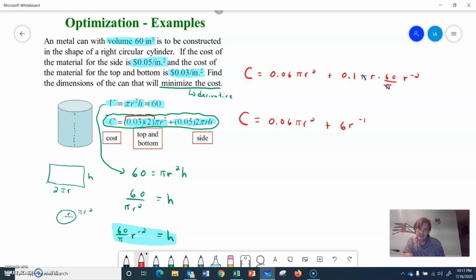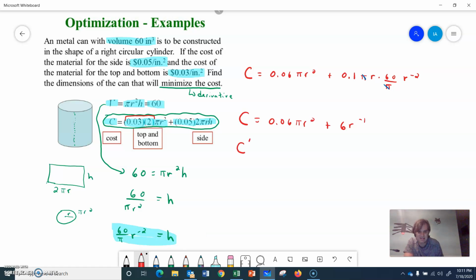Okay, so I wrote my cost function in terms of one variable, which in this case was r, and I've cleaned it up, and I want to minimize that, so let's take the derivative.